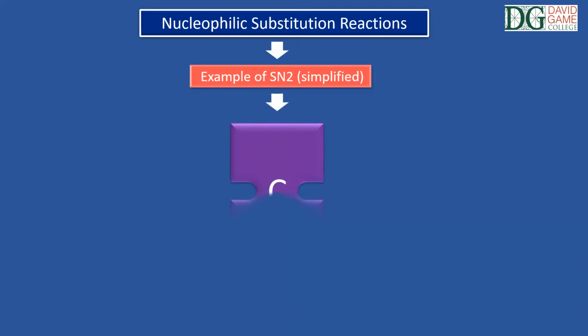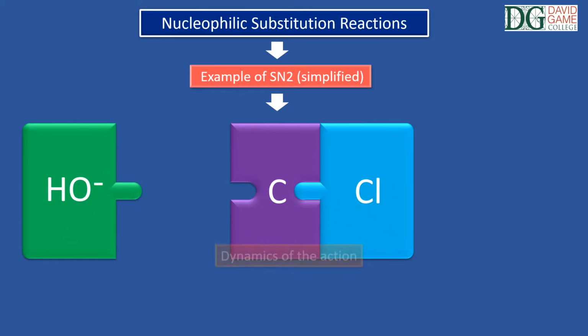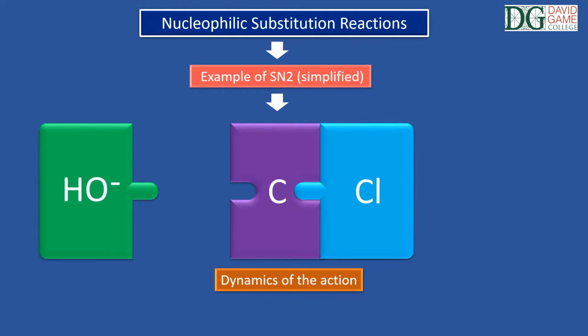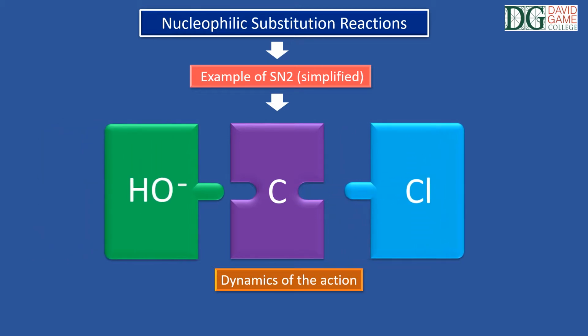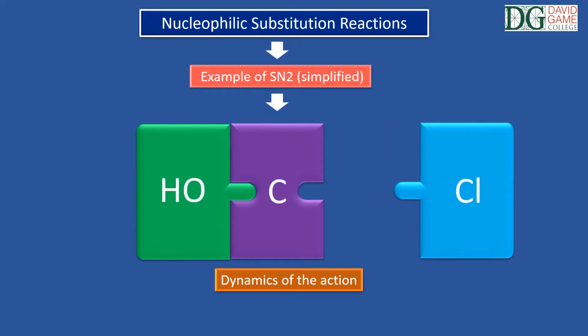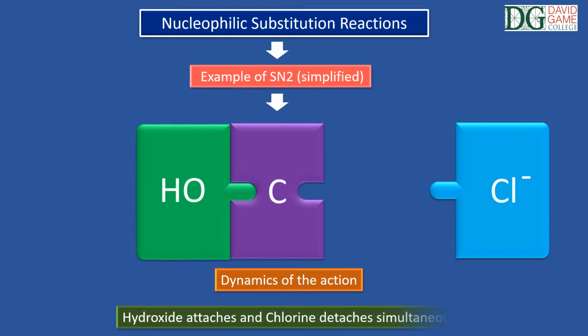I am illustrating only carbon, chlorine and hydroxide because they are more directly involved in the reaction, and for now I want you to focus on just the dynamics of the action. As you can see here, hydroxide bonds to carbon and at the same time the chlorine bond breaks. In other words, hydroxide attaches and chlorine detaches simultaneously.